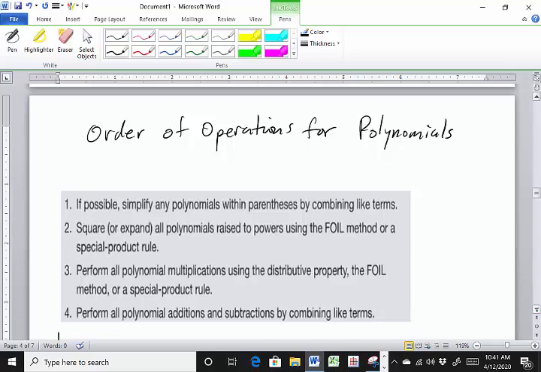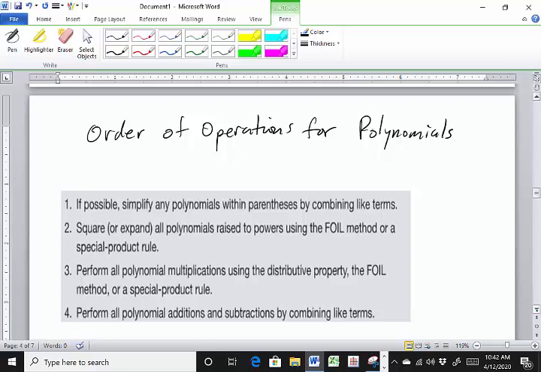That makes sense. Square or expand all polynomials raised to powers, which we just learned how to do, using the FOIL method or a special product rule, right? The sum of two binomials squared or the difference of two binomials squared.